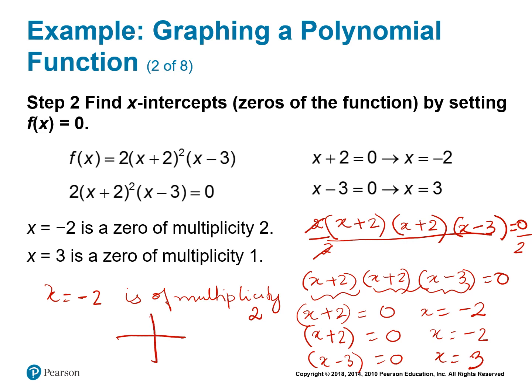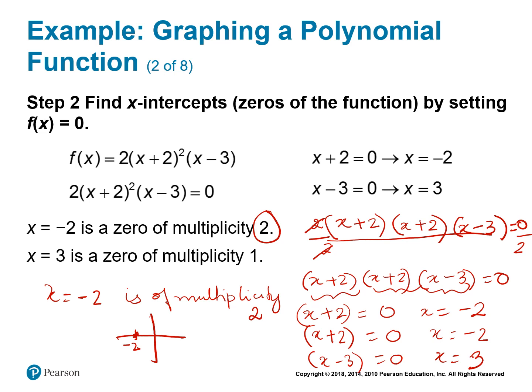Whenever the multiplicity is even, the graph is going to touch the intercept, and then it's going to change direction.